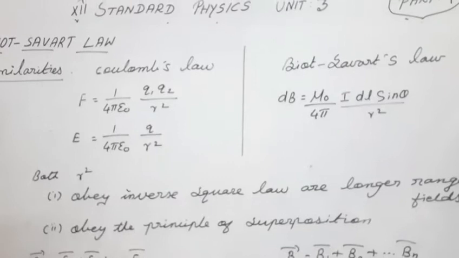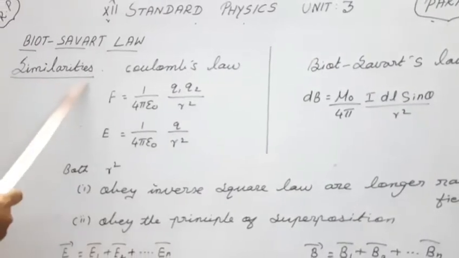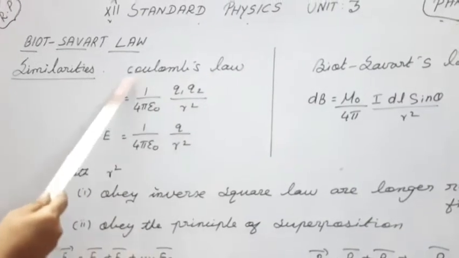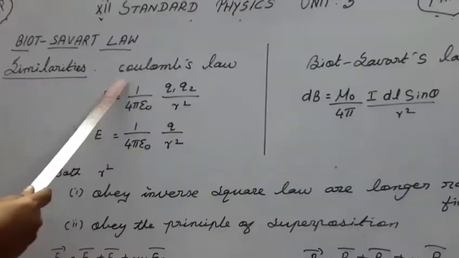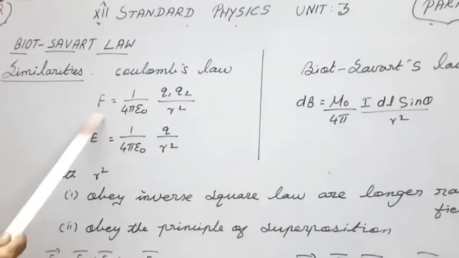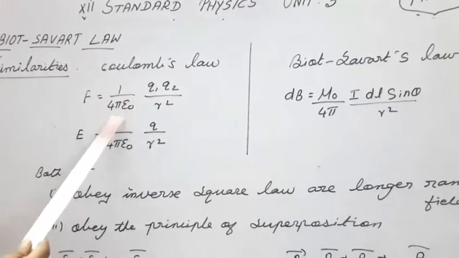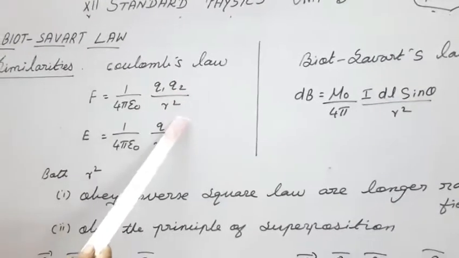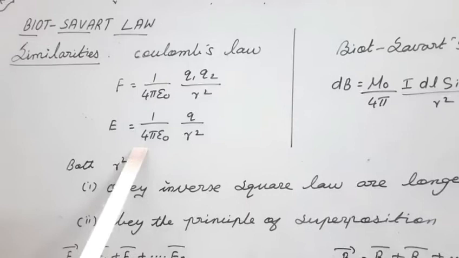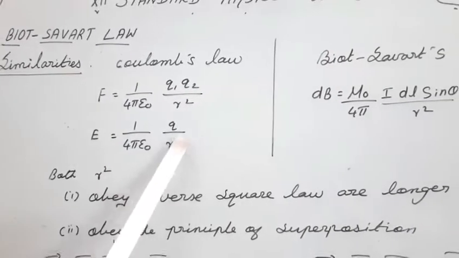Next we will discuss some similarities between Coulomb's law and Biot-Savart law. Coulomb's law formula is F equals 1 by 4 pi epsilon naught Q1 Q2 by r square. The electric field is 1 by 4 pi epsilon naught Q by r square.